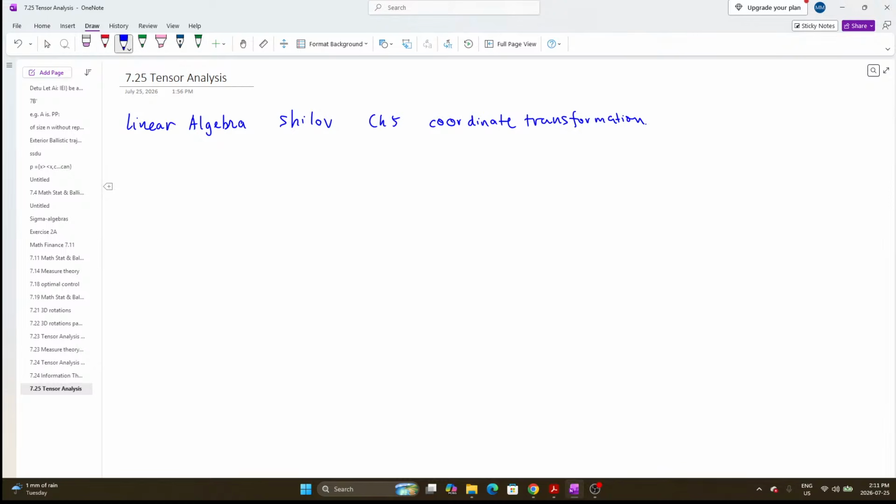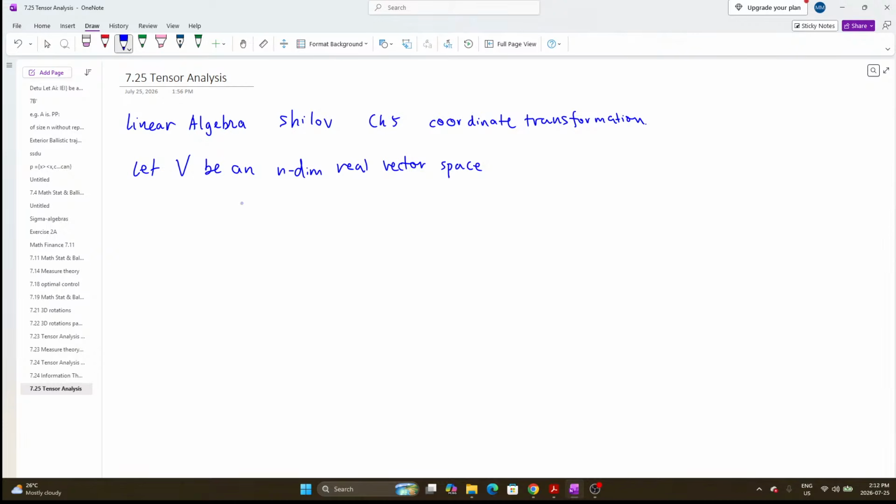Okay. First, let's give ourselves a vector space. Let V be an n-dimensional vector space. Without much loss of generality, let's just call it the n-dimensional real vector space. And it's got two bases. I assume everyone is comfortable with working with abstract vector spaces, bases, that sort of thing.